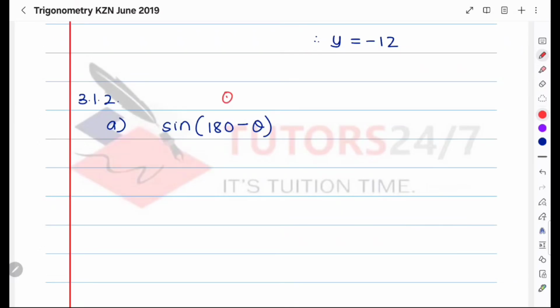So we know 180 minus theta, that is in quadrant 2. Sine is positive in quadrant 2. So this is going to become positive sine, and we bring down the angle theta. So we need to go back to our diagram and identify what is sine theta equal to.